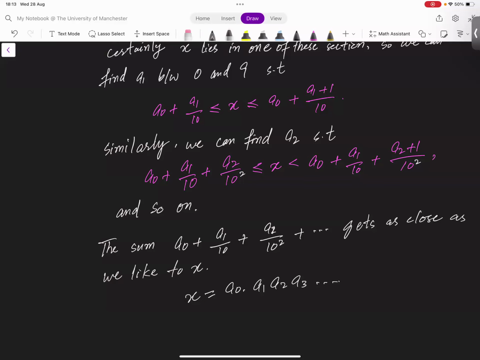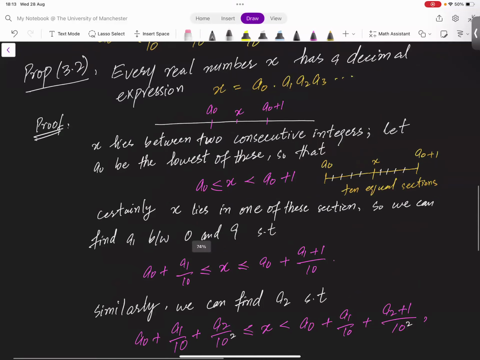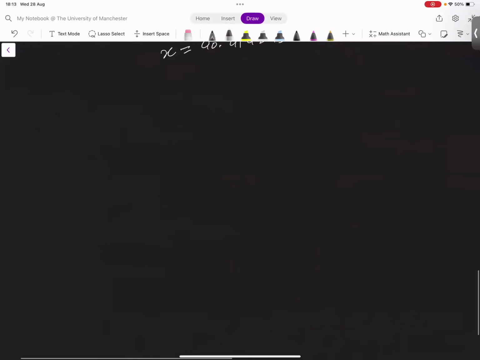Now let's apply this proposition to some example.